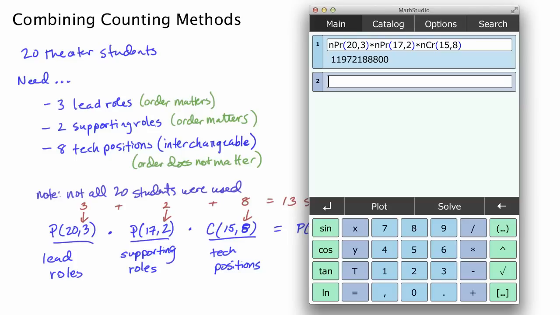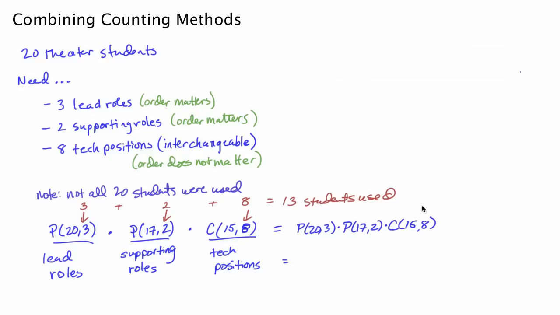So let's go ahead and write this number down. All totaled, this number gives us 11,972,188,800.